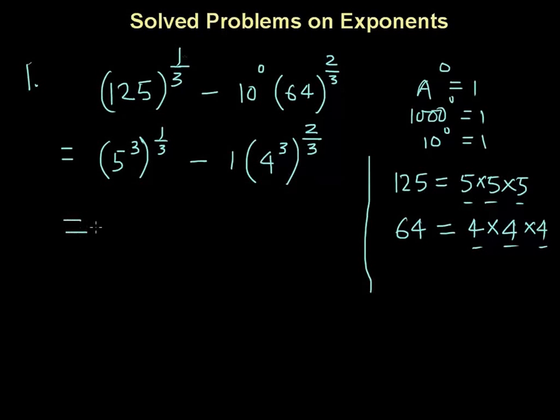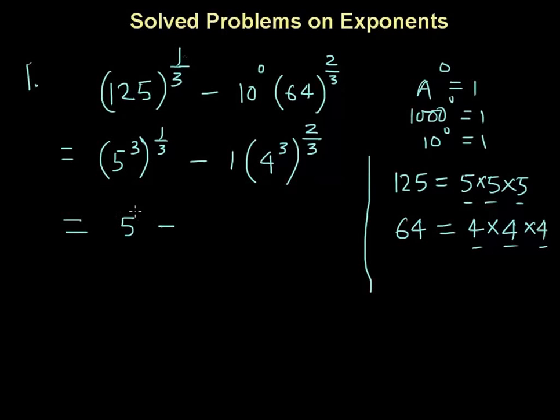So what we get in the next step: power to power is multiplied, so 3 into 1 over 3 is 1, so that becomes simply 5 minus 1 multiplied by 4 to the power 3, and again here the powers are multiplied, so the 3 and 3 cancel out, and basically there's another way of writing it as 1.